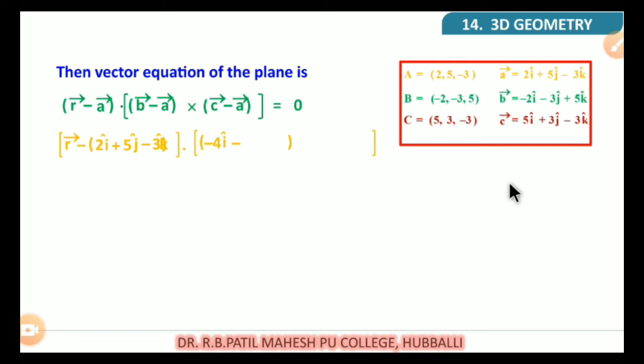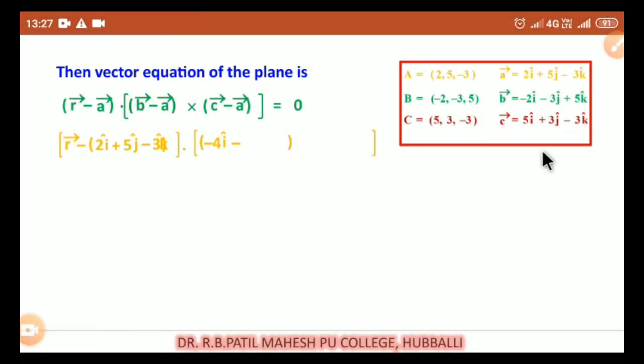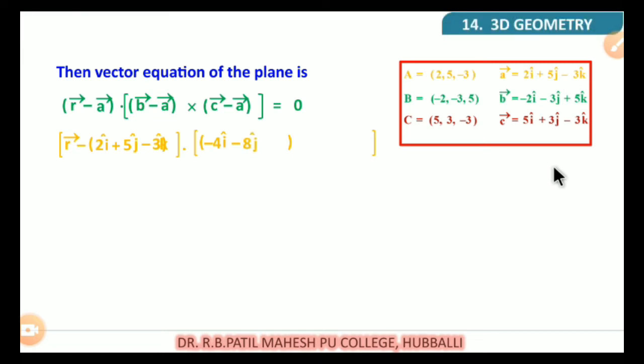So minus 2 minus 2 is minus 4i. Similarly, minus 3 minus 5 is minus 8j. And similarly 5 minus of minus 3 is 8k.